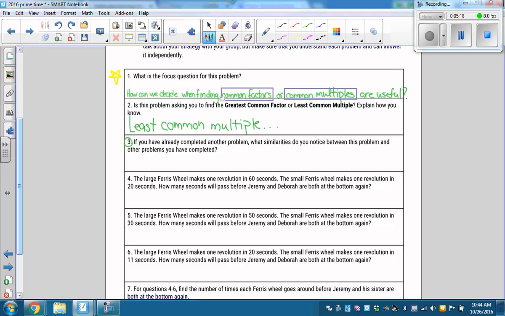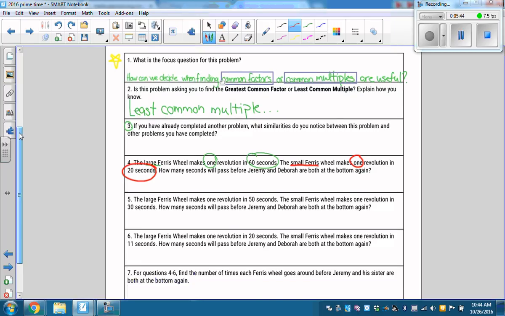The large Ferris wheel, here's a situation, the large Ferris wheel makes 1 revolution in 60 seconds. The small Ferris wheel, so we'll do that in red, makes 1 revolution in 20 seconds. How many seconds will pass before Jeremy and Deborah are both at the bottom again?